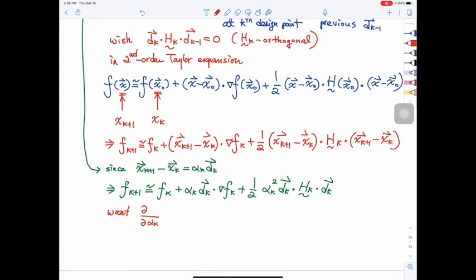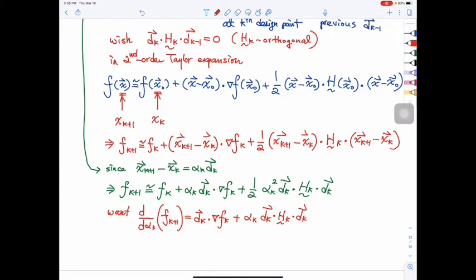So I can actually write the first order derivative. Let's do that. When we do that, we find at the end we have d_k gradient f_k plus alpha_k, and then d_k. This is what we have, right?